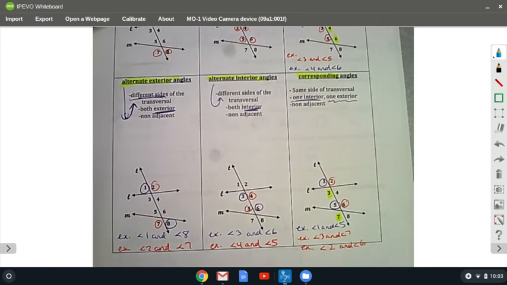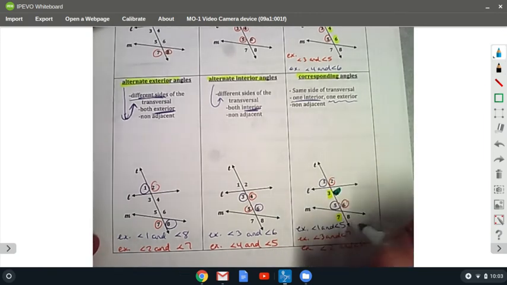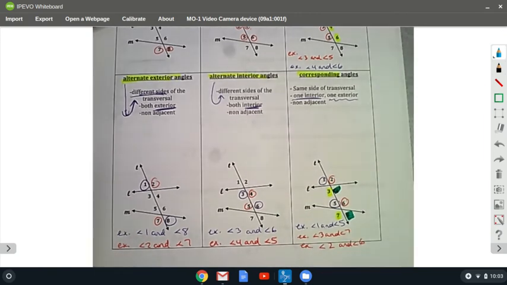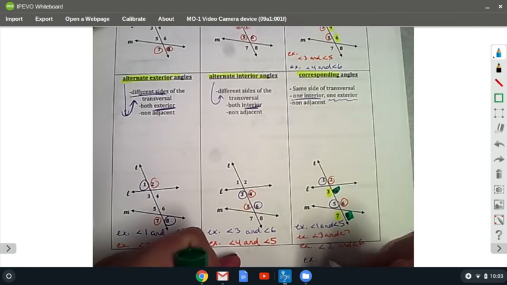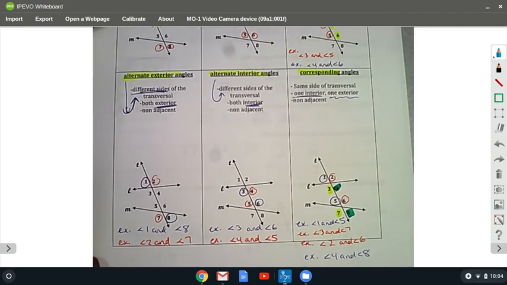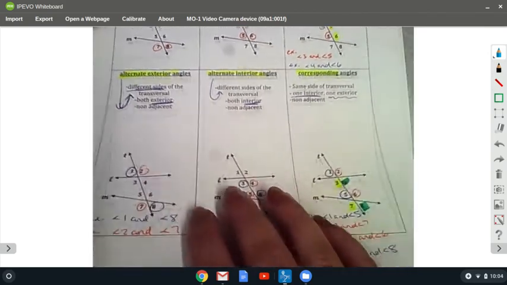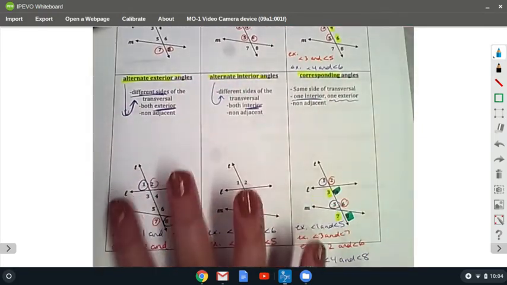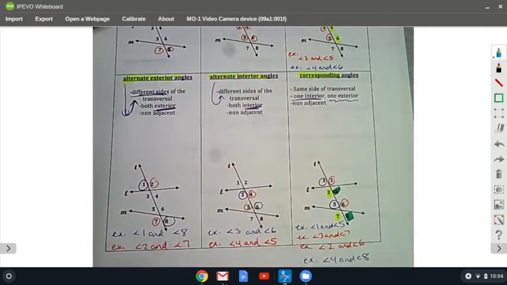And last but not least, we could also do 4 and 8. Okay. Now, there is a relationship between these with their actual angle measures, but we'll get to that next class.